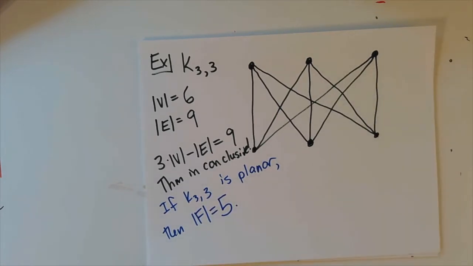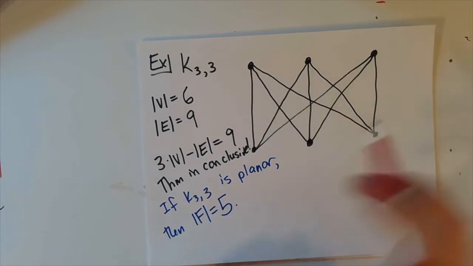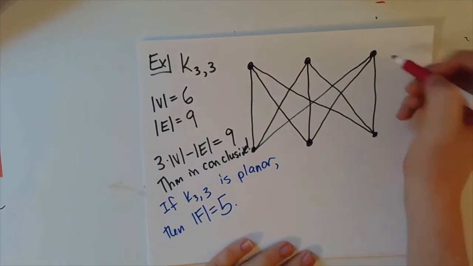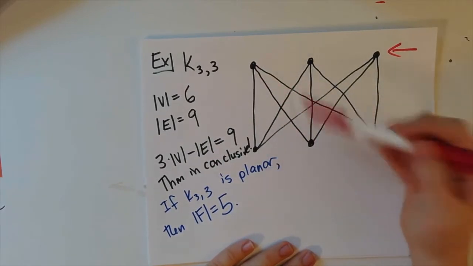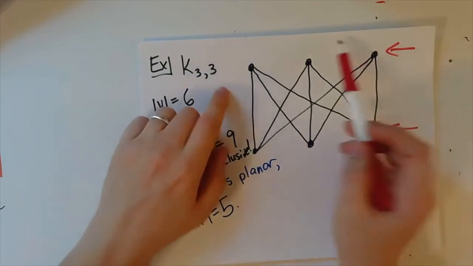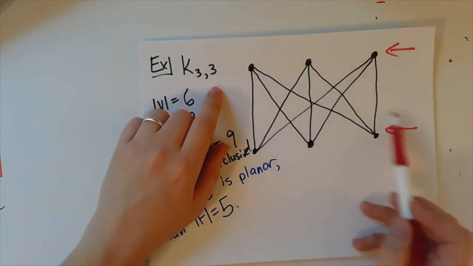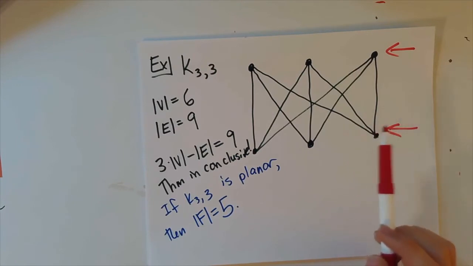Okay, but I want to make another observation. And this observation is very specific to this graph. Namely, because of the way my arrows work here, remember we have 2 different sides, and all the edges connect something on the top to something on the bottom. There are no edges that connect something on the top to something on the top, and no edges that connect something on the bottom to something on the bottom.